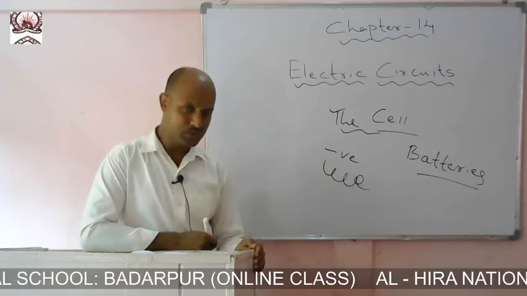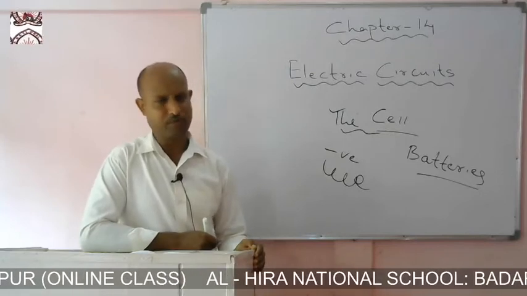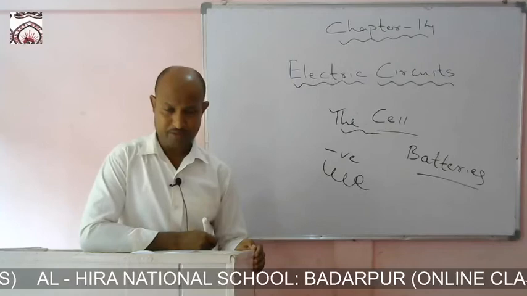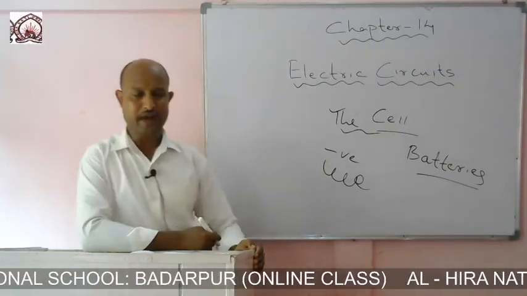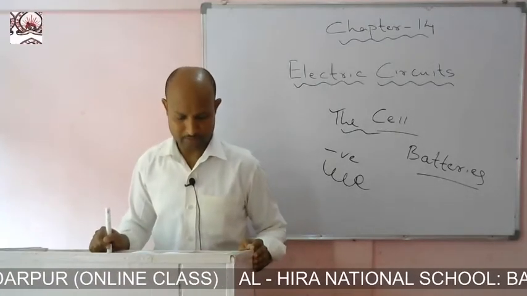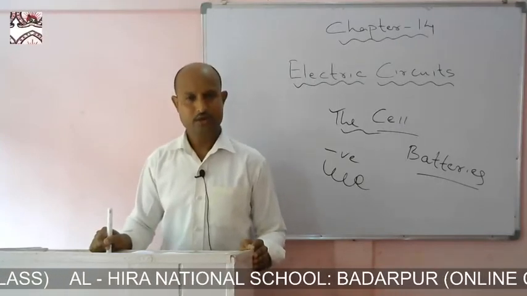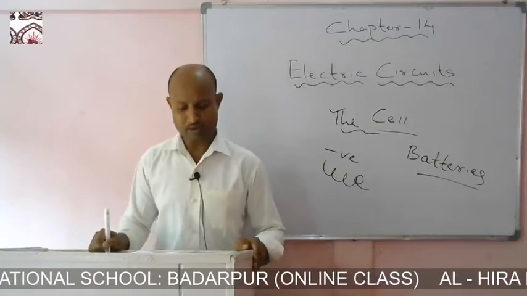If you don't have any switch connected with the circuit, then the only way to stop the flow of current is to disconnect the wires from the circuit. But if we have a switch, it becomes very convenient and easy for us to stop the flow of current. It's a device for opening and closing an electric circuit. In short, a switch is a device that helps in opening and closing an electric circuit.